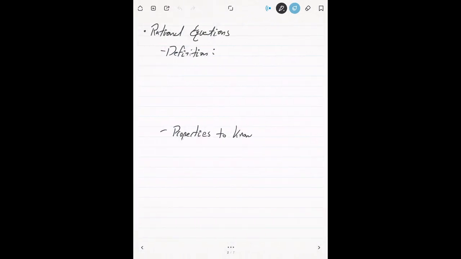Now, the first thing we need to do is define a rational equation. We're going to define a rational equation as an equation that contains at least one rational expression. I abbreviate that EQ.